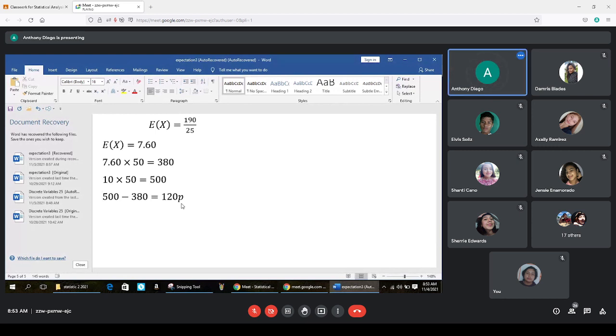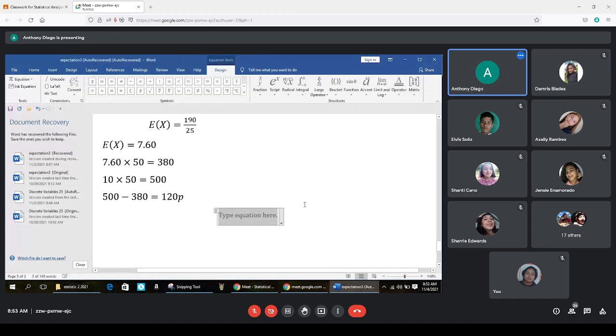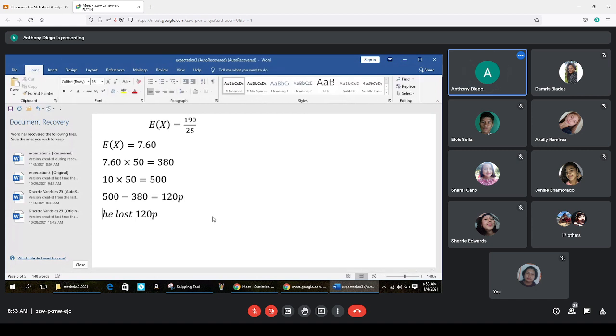So you write he lost 120 pence. Or we could have converted that to pounds, 1.20 pounds. Okay? Is that clear?